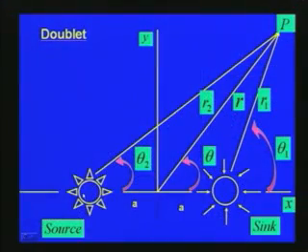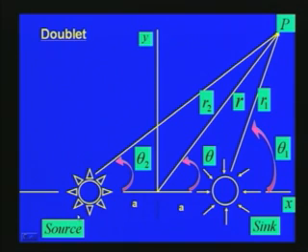With respect to this slide you can see how a doublet is formed. Here there is a source of strength m and here there is a sink of strength m, and this is the origin. The source and sink are separated by a distance a on the left hand side and a on the right hand side. Here r2 and r1 are defined with respect to point P for the source and sink, and angles theta 1, theta 2 and theta are also defined. The x axis is in this direction, the y axis in this direction.